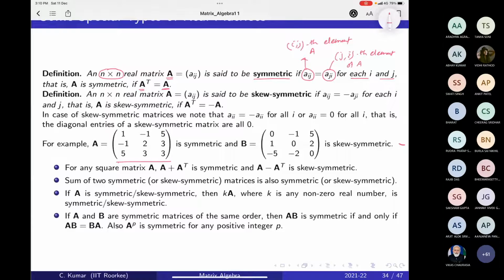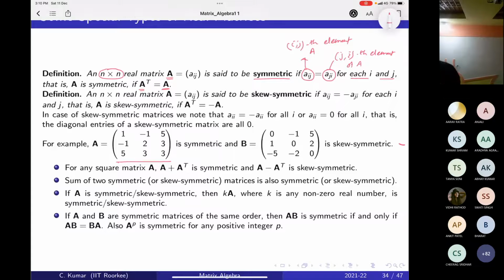So when we say that transpose of A is equal to A, this means that the first row of A will be the first column of the transpose, and so on. Second, first, second, third, and so on.